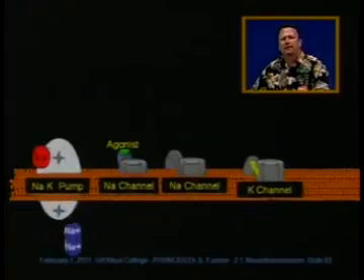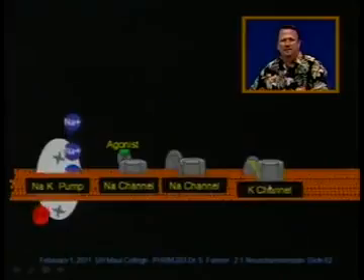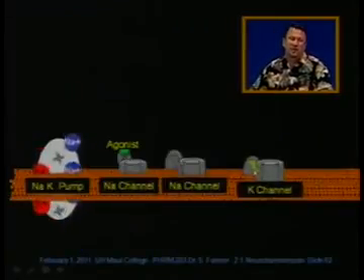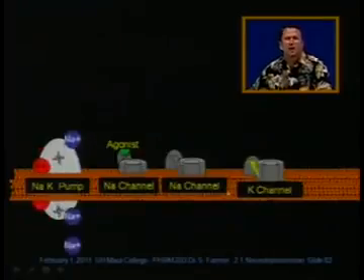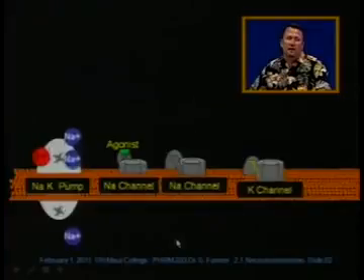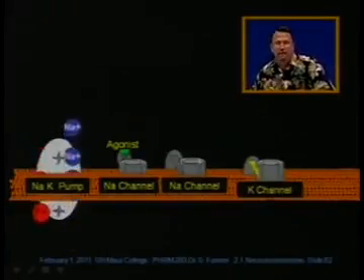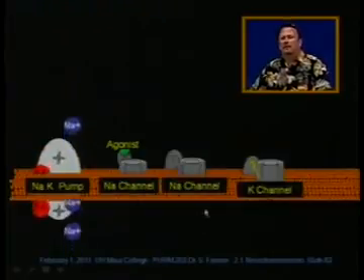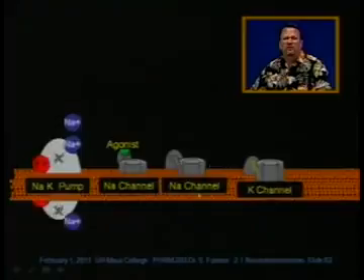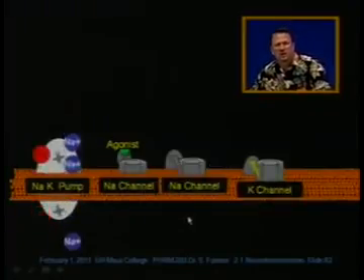And when that happens, something happens over here. Our potassium channel, notice the little lightning bolt on the potassium channel. That means it senses that there's been a voltage change across the membrane. Now that we've let a lot of sodium in, these channels quit letting sodium in because the sodium doesn't need to rush in anymore.